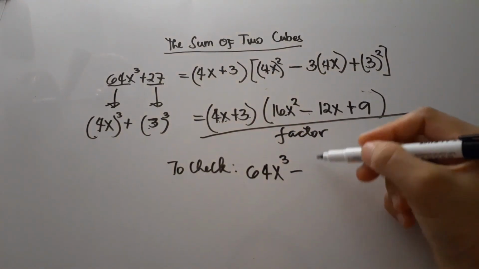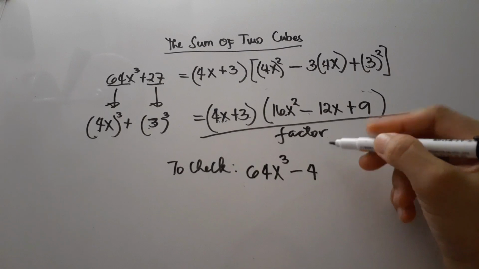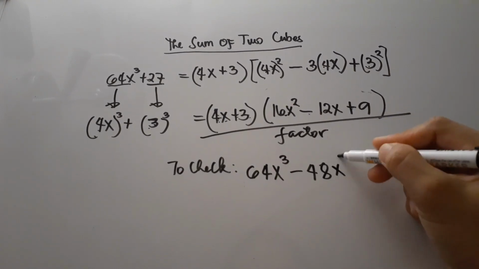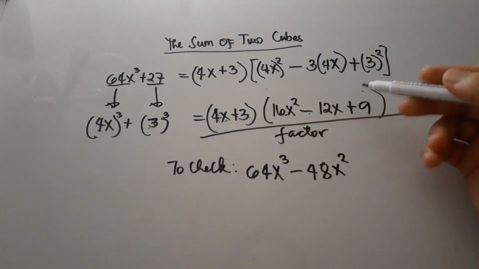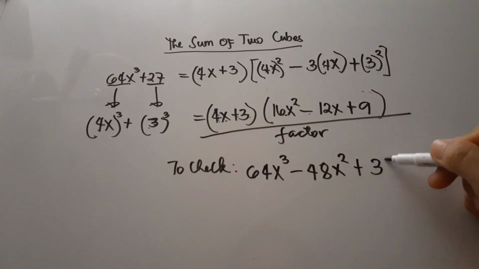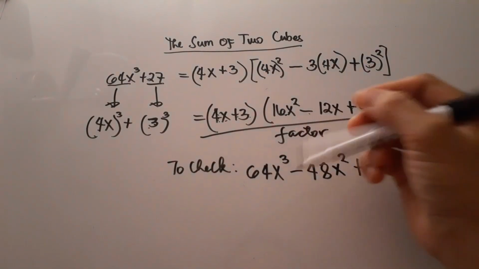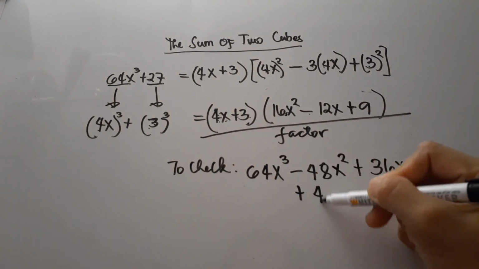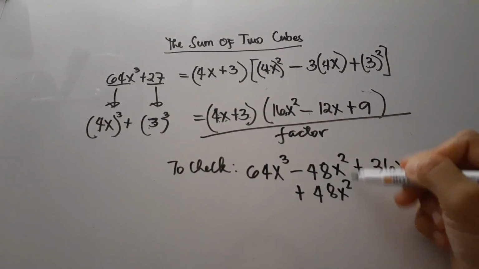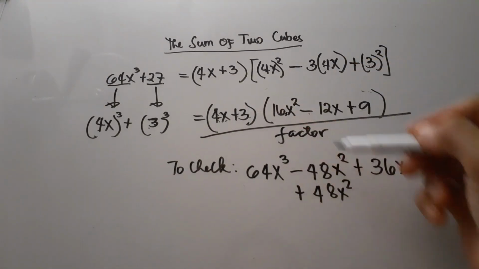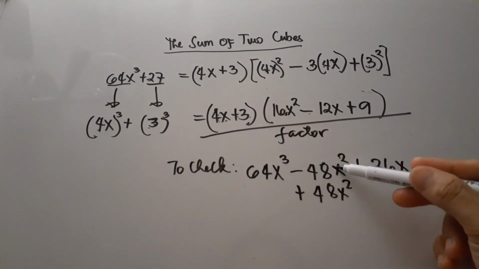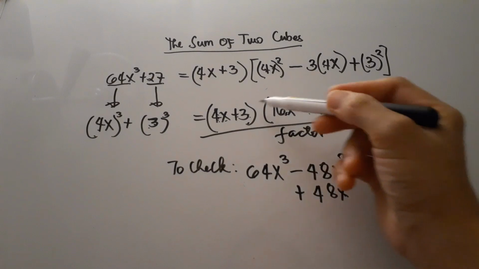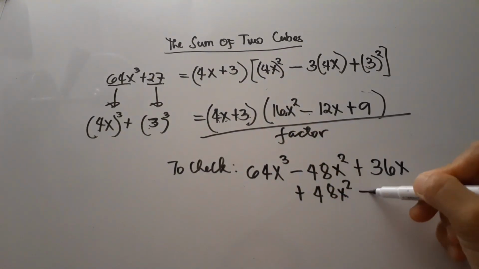For example, 4x times 16x squared becomes 64x cubed. Then 4x times negative 12x becomes negative 48x squared. Then 4x times 9 becomes 36x. Then 3 times 16x squared becomes 48x squared. Then 3 times negative 12x becomes negative 36x.